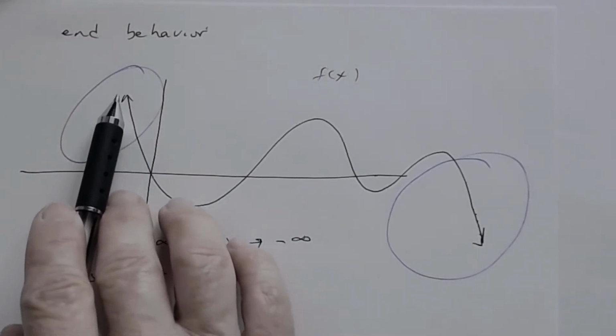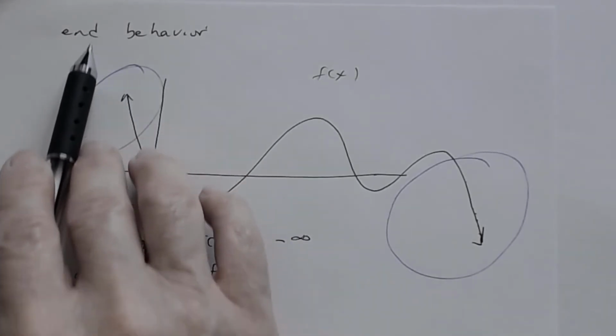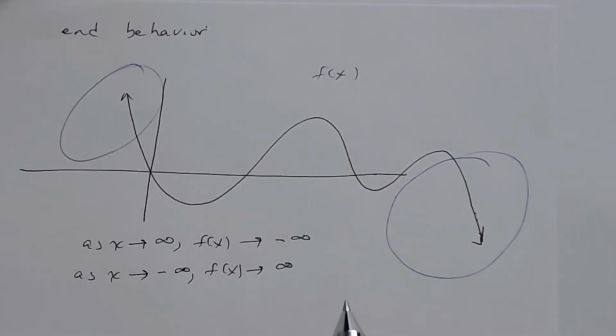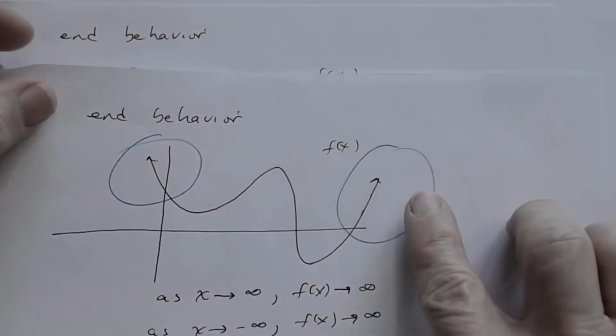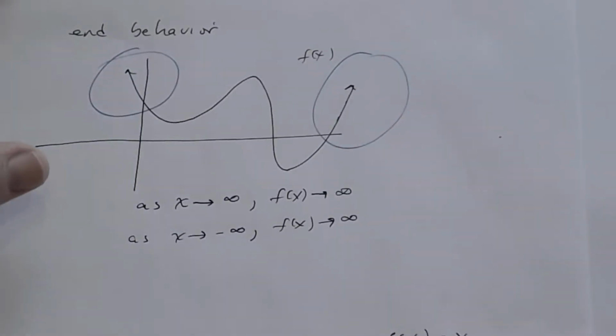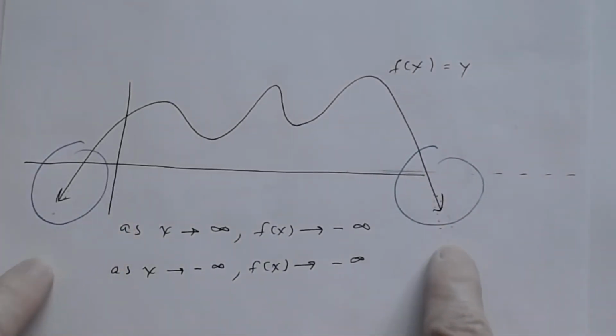Well, those y values are getting more positive, right? They're getting more positive, so hence your y values are approaching positive infinity. So that pattern's that same thing. When your arrows point up, your y values are approaching positive infinity. When your arrows point down, your y values are approaching negative infinity.